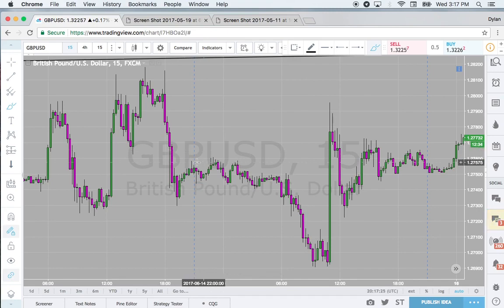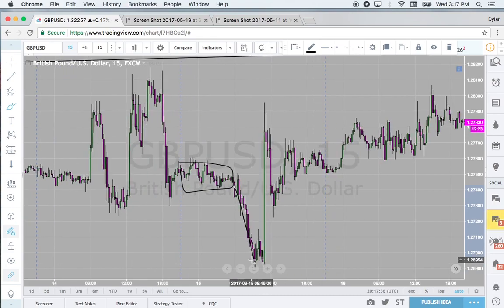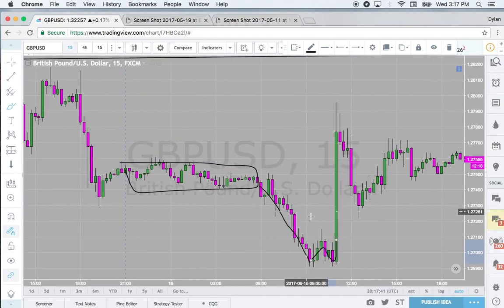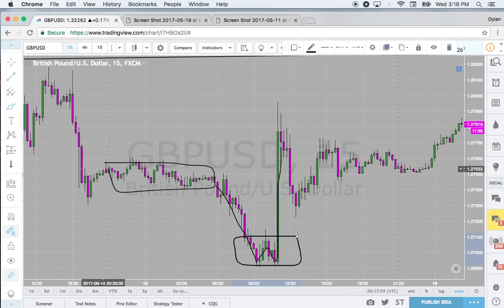So we can see Asian session consolidation, London session breakout to the low, and then that W formation, and then in one candlestick we can see that may have been a news-induced spike getting out of this range. So this zone was completely cleared out in one candle formation. And then we can see the high of the day. This was the high of the day.